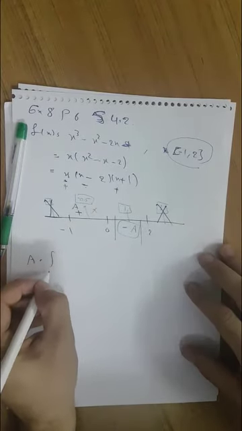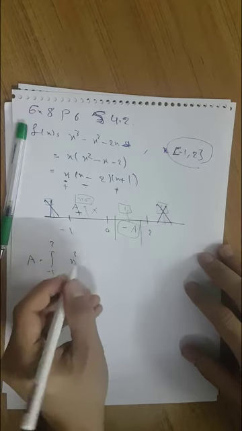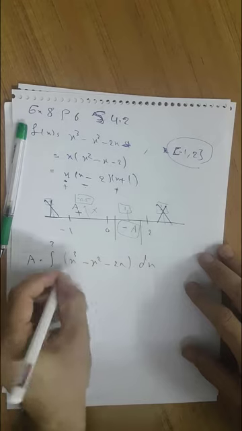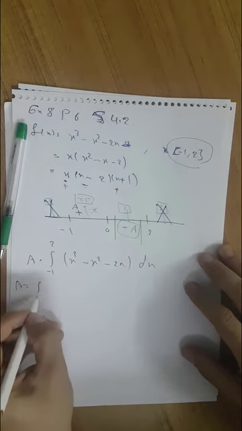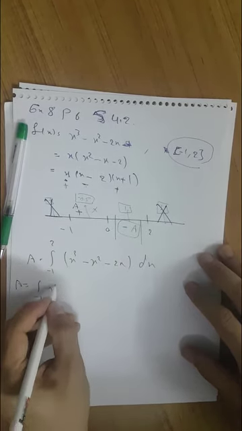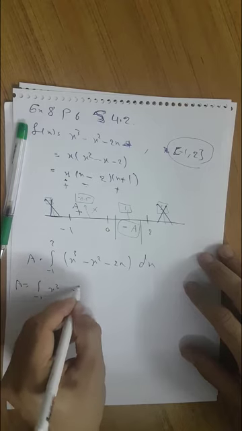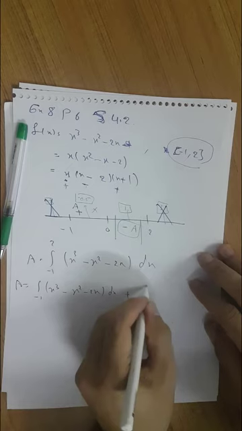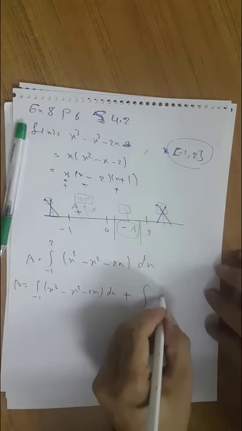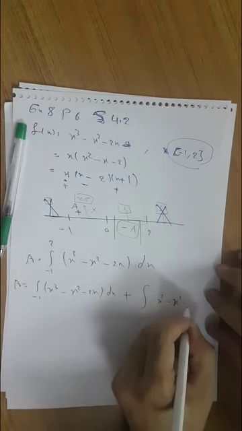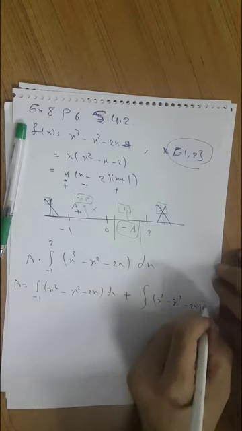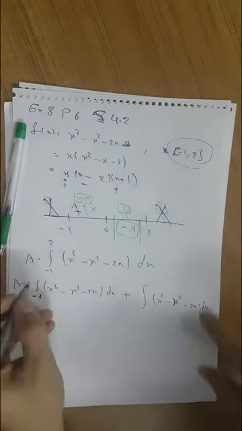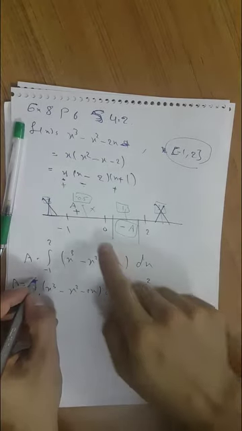We say from -1 to 2 of x cubed minus x squared minus 2x dx will be changed to -1 to 0, of x cubed minus x squared minus 2x dx, plus, we changed from -1 to what, to 2. So here should be what, 0.